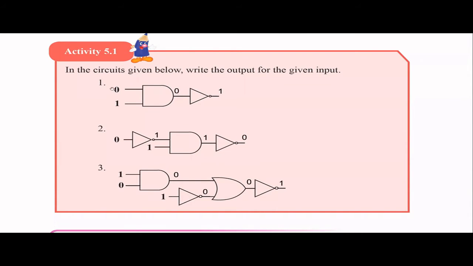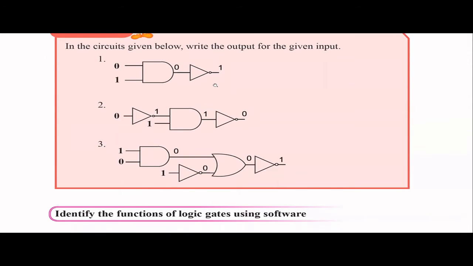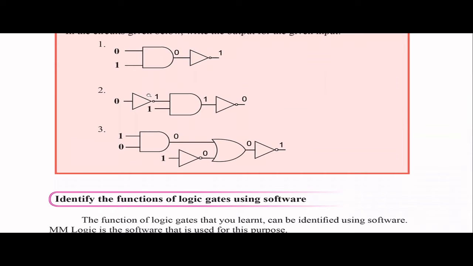So here, as one input is 0 and the other is 1, because one input is 0, the output will become 0. And in the NOT gate, you should know it will always negate the input. So the input is 0 here, so the output will become 1 in this case, right? So this is the final output. So here there is a NOT gate, AND gate, and again a NOT gate.